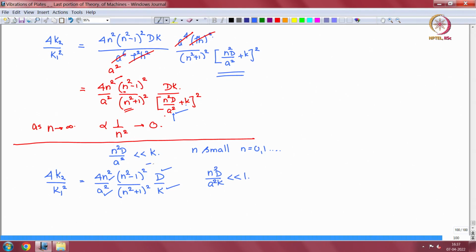When n is 1, this is actually 0. For n equal to 2, 2 square is 4 plus 1, 5, 25, and 4 minus 1, 3, 9 by 25 into 4.